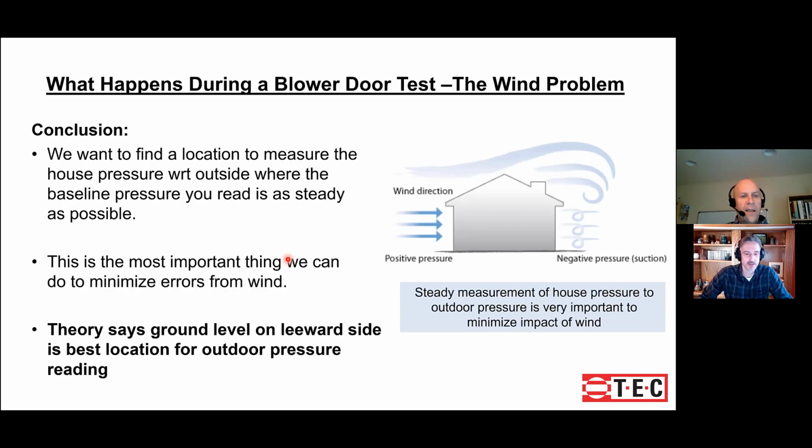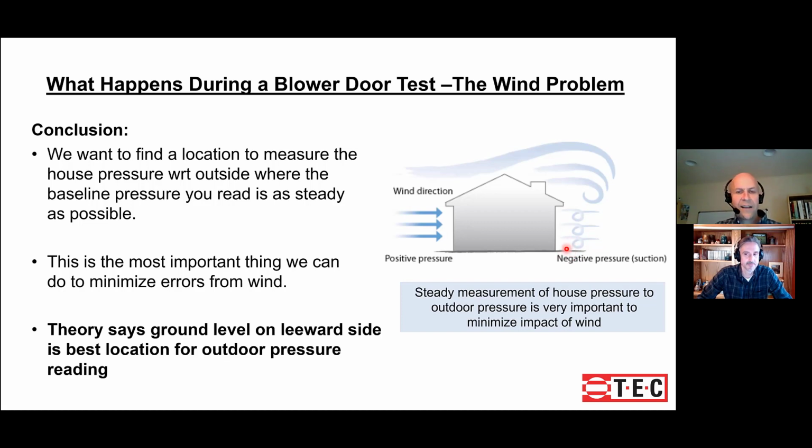So the conclusion from this is we want to look for a location to measure the outside pressure where there will be the least fluctuations possible. The steady pressures we can deal with, but it's the fluctuations that we can't really deal with. So the simplest thing to do is to try to place your outside reference on the leeward side.